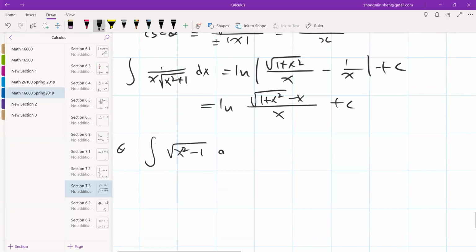Then we do the next one. So when you see an integral like that, how do you do that? You can use the usual substitution, but that does not work. Letting u be x squared, it's not working. So the substitution you can try is x equals secant theta.